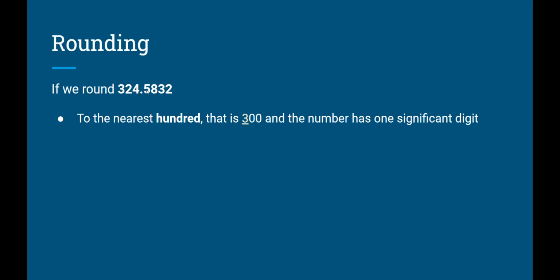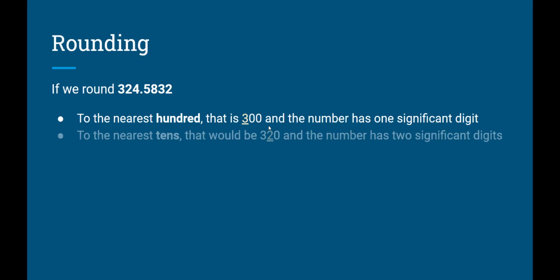So 324.5832 to the nearest hundreds is 300. When rounded to the nearest hundreds, this number has 1 significant digit. Recall, these zeros lie to the right of a non-zero digit, so the zeros are not significant digits. The 3 is the only significant digit.